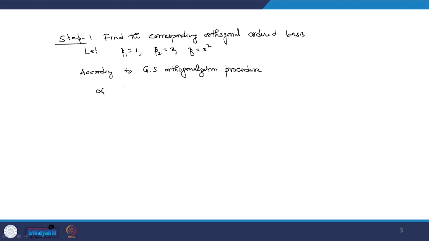let me consider alpha 1 equal to beta 1, and then alpha 2 will be equal to beta 2 minus the inner product of beta 2 and alpha 1 divided by the norm of alpha 1 squared, times alpha 1.